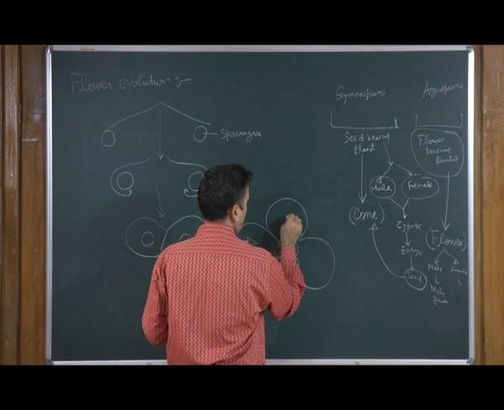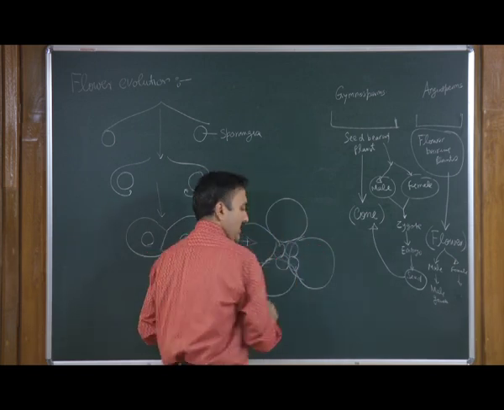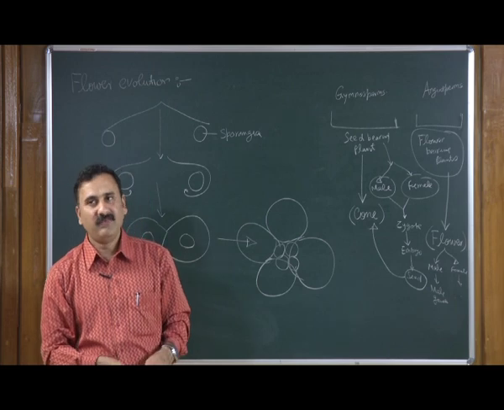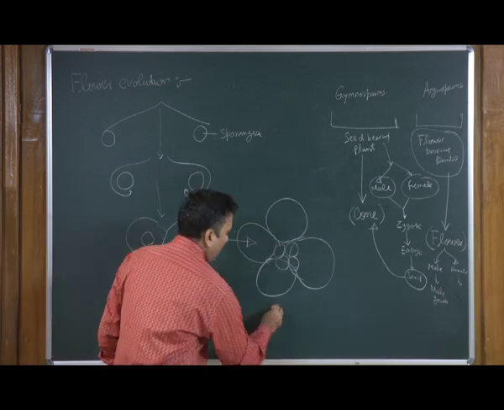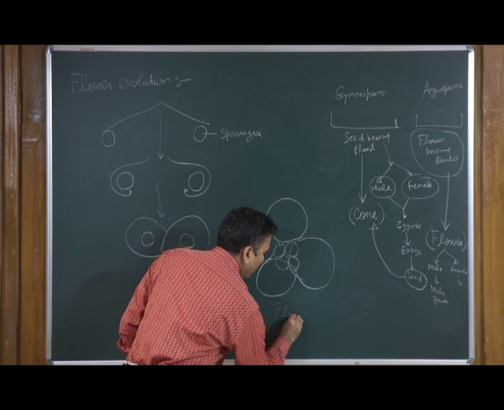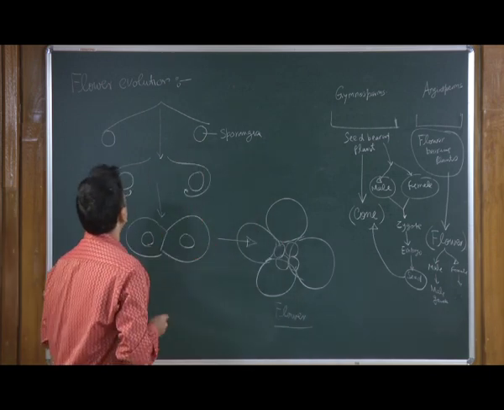We can see the individual leaves, individual petals, and in the center you have the male or female sex organs arranged, and this is what the typical or primitive flower looks like, and that is the mechanism by which the flower evolved.